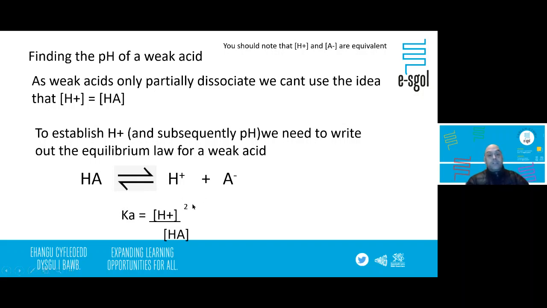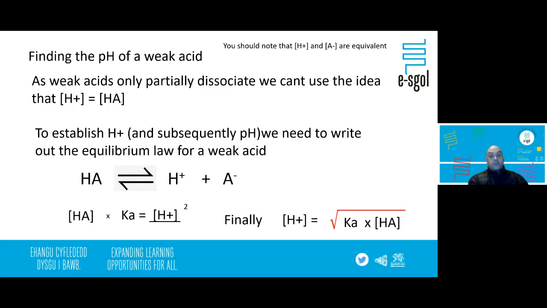The first thing I've done is square that, and the next thing is I'm taking that over there. On that side I was dividing, so here I'm multiplying. Finally, I need to get rid of that square on the right hand side, so we take the square root of both sides and we get that expression there. That's quite important, so make sure you know it. But I also think it's not a bad idea to be able to rearrange to find these expressions, because it's not that difficult.